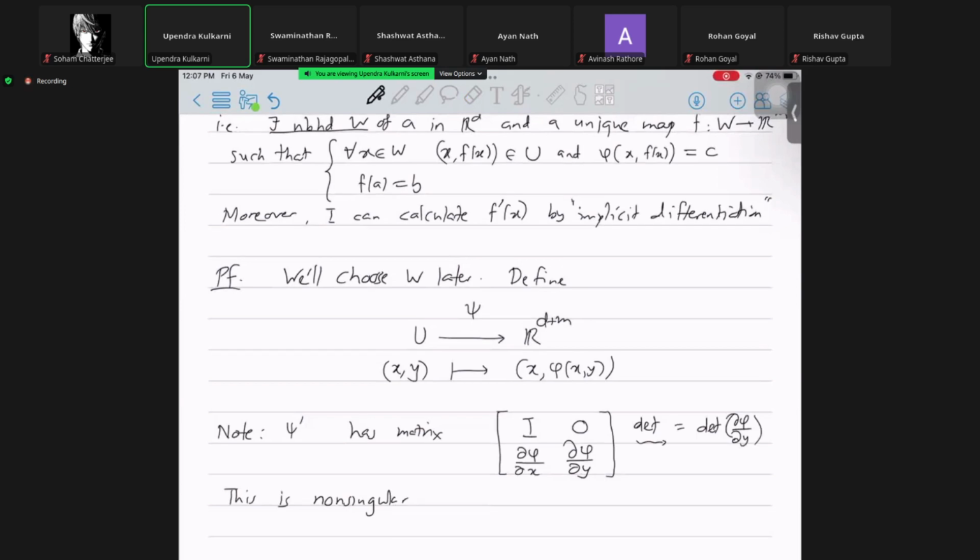Because of this block triangular nature, and I have the identity matrix. So this is non-singular at P, and in fact in the neighborhood of P, right?